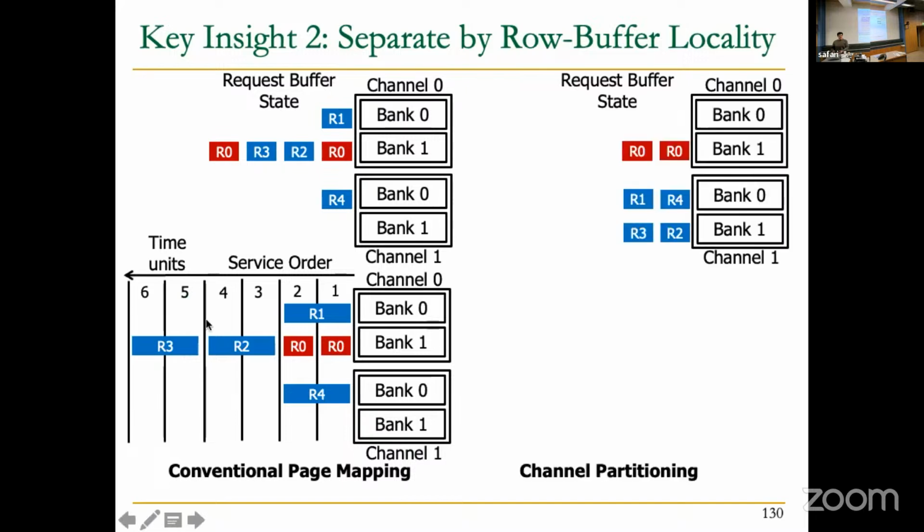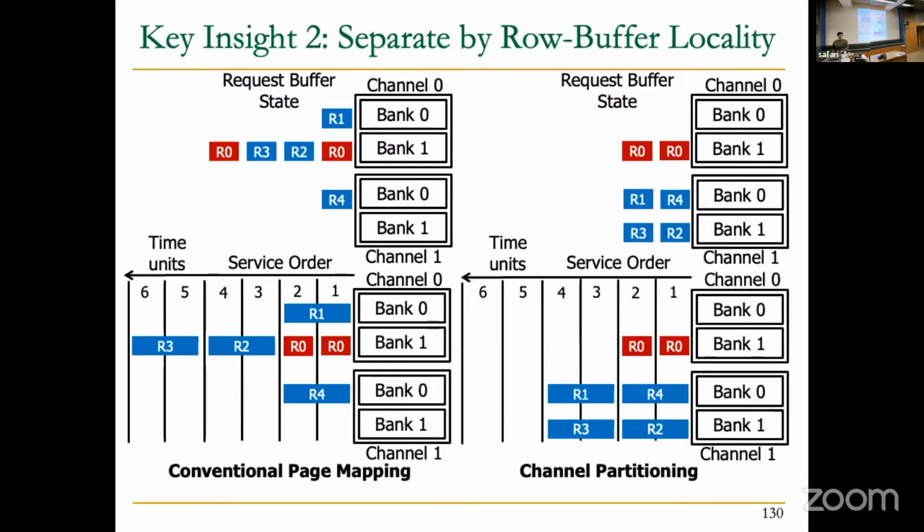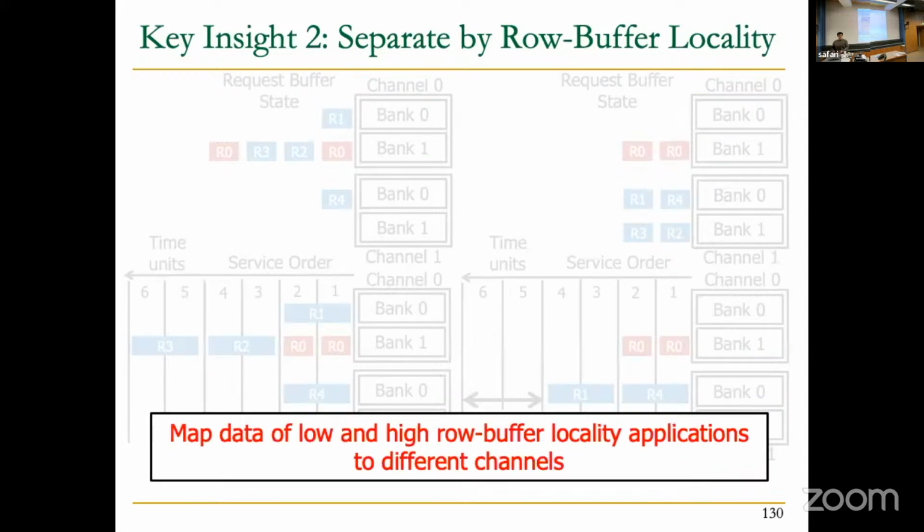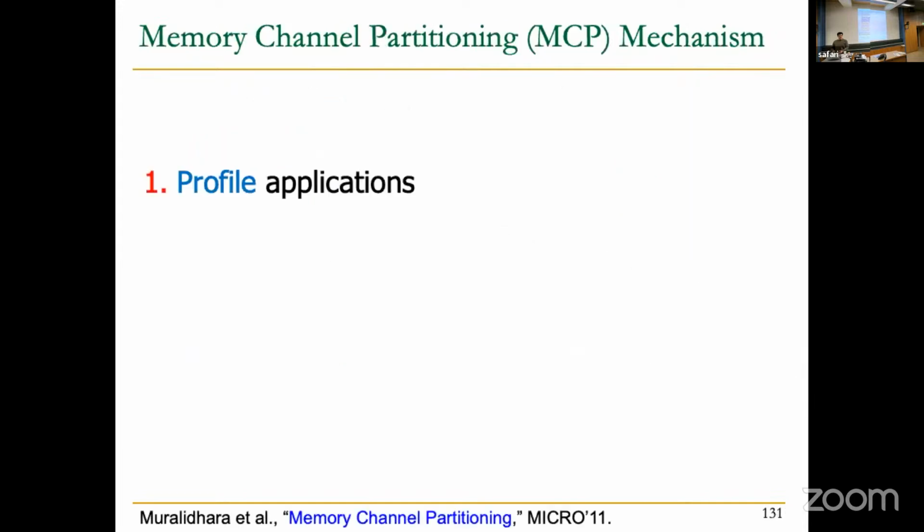If you consider row buffer locality and separate the applications' data to different channels based on that, you can reduce this interference. You can service both applications much faster. So we want to map data of low and high row buffer locality applications to different channels as well.